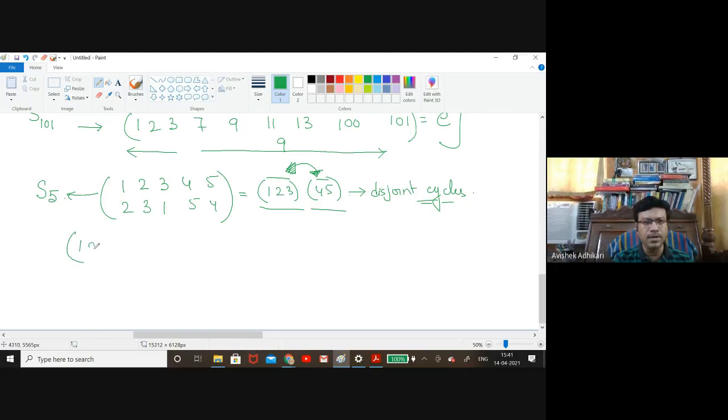Now tell me, what is this cycle? Can anybody tell me? So this is also a product of two cycles. Can somebody transfer it into this notation? 1 2 3 4 5, and then tell me what are these elements quickly.